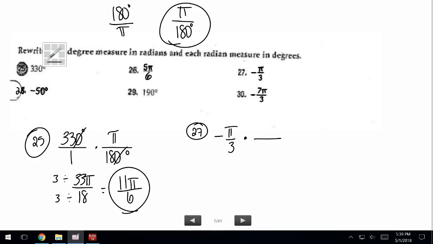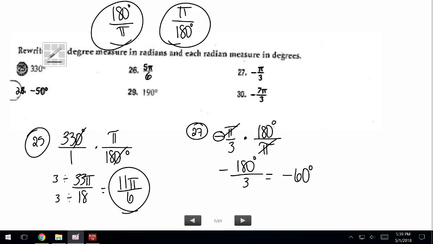Since I have a pi on the top of a fraction, it's got to go on the bottom of the fraction to cancel it out, which means I'm going to use that guy. Pi's cancel out. And don't forget to keep this negative. It's negative 180 degrees over 3. And let's see if that divides evenly. And it does. And it gives you negative 60 degrees.